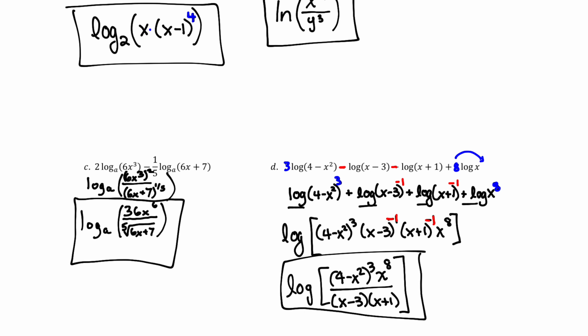If you are trying to use a calculator to evaluate something like log base 5 of 16, your calculator doesn't have a base 5. It does have a logarithm button and a natural logarithm button. And so you could use the change of base formula to get the value. You can always take the log of 16 over the log of 5. So that's called your change of base formula.